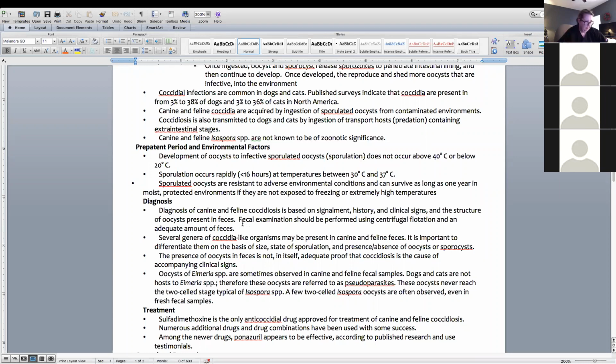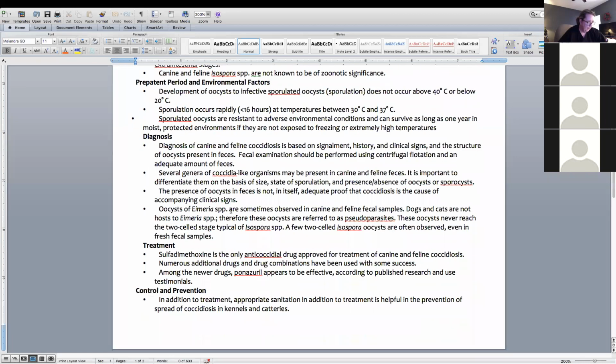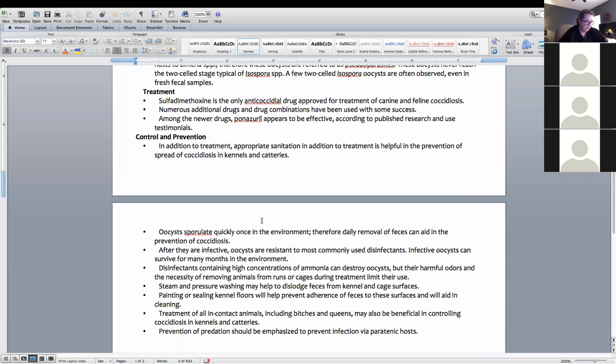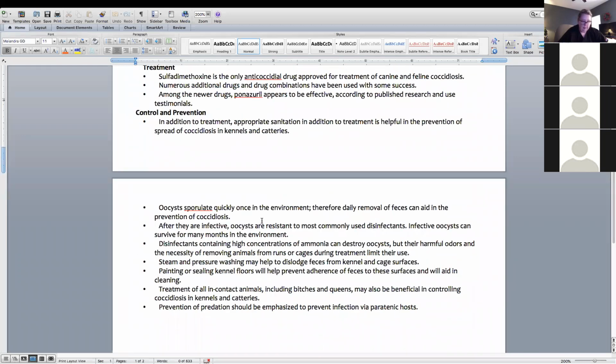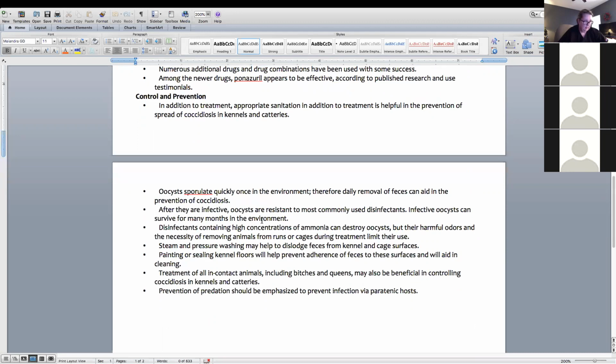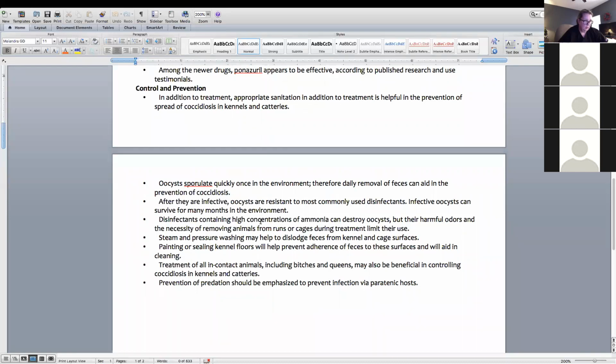Sometimes it can be seen on a smear. And then sanitation is always going to be the best way to control it, so clean the environment. The cysts can be somewhat resistant, so it's always going to be picking up the stool and cleaning where the stool has been.